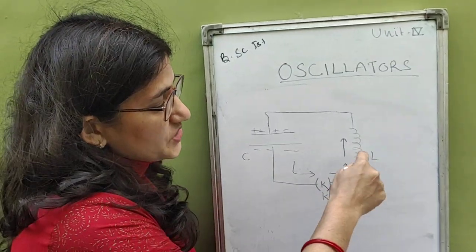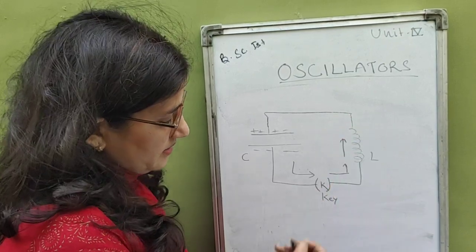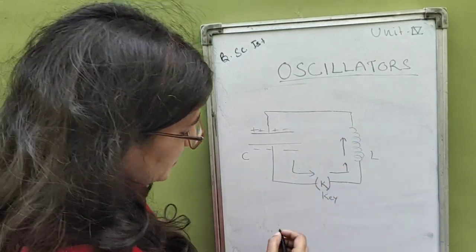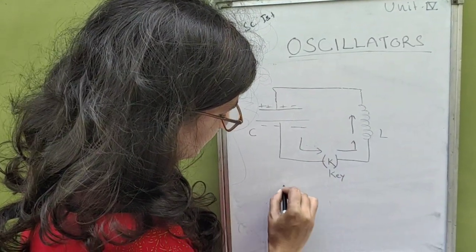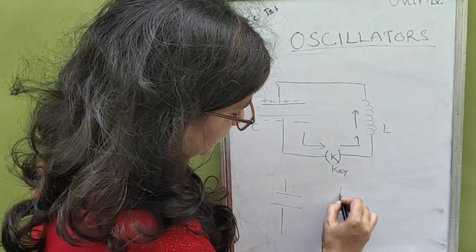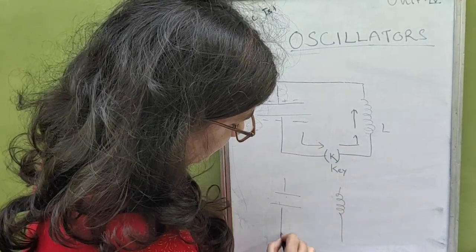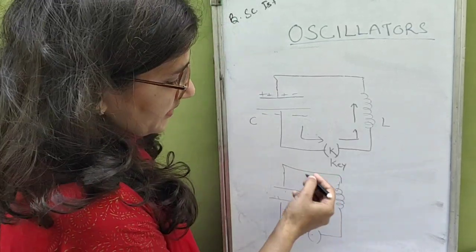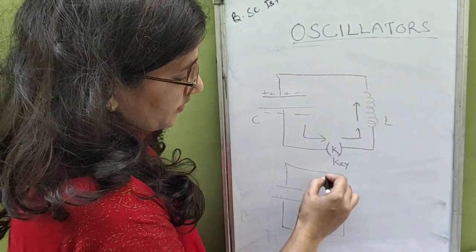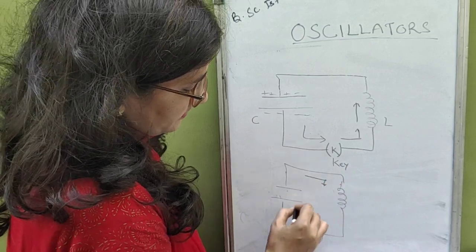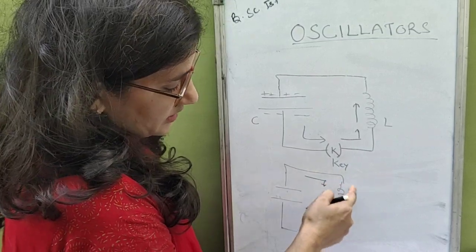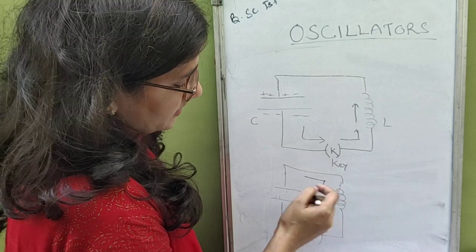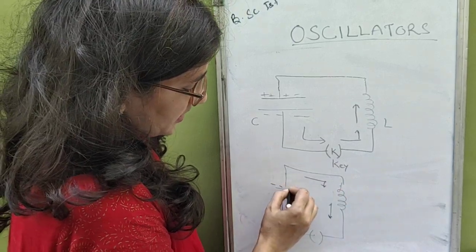When the magnetic energy is maximum, the same process starts again. This is again the capacitor, and here is the inductor. Current is flowing in this direction, meaning the inductor is losing energy and the capacitor starts charging again.